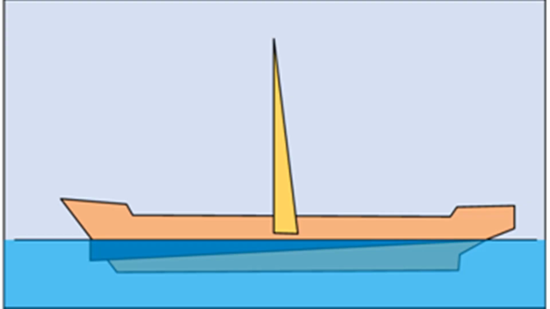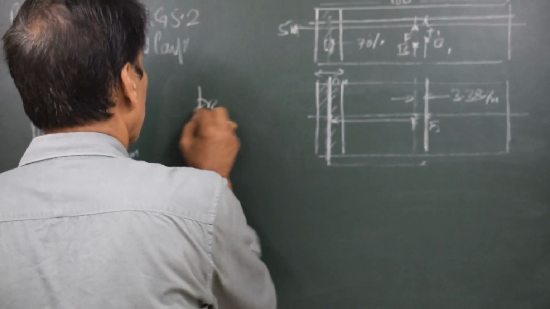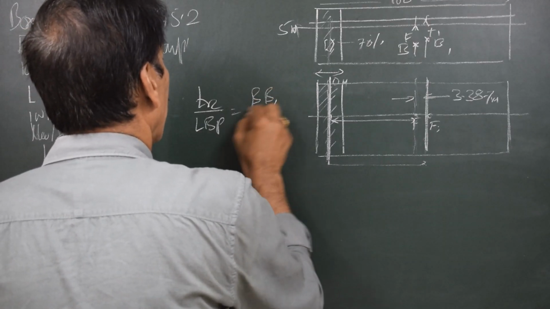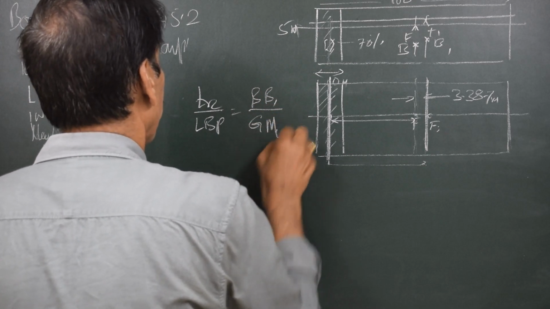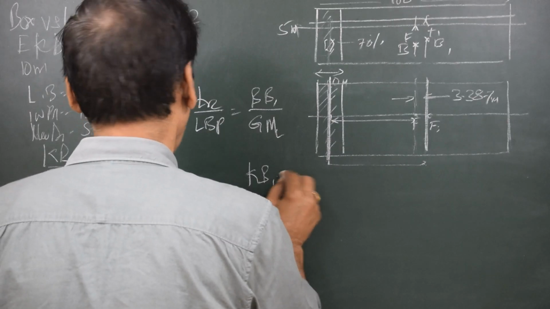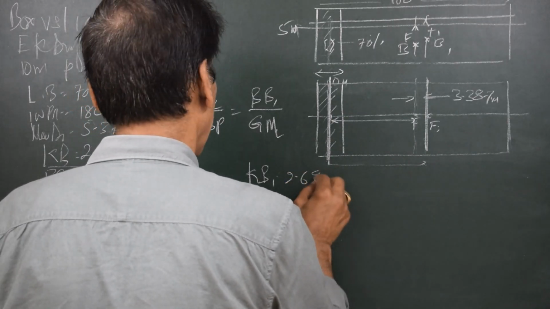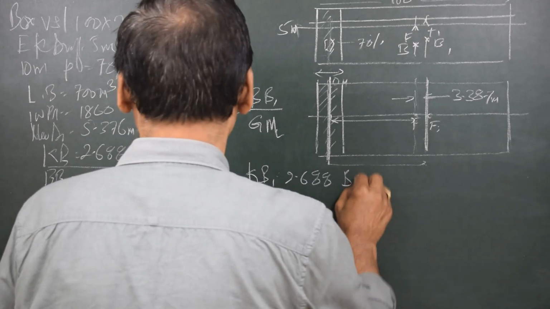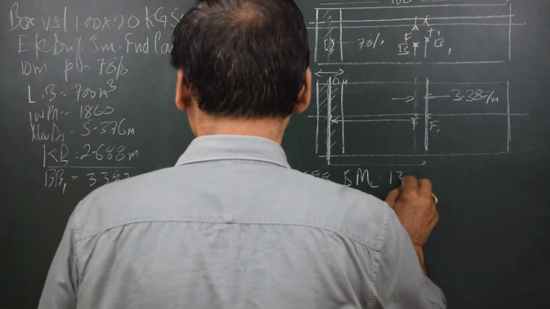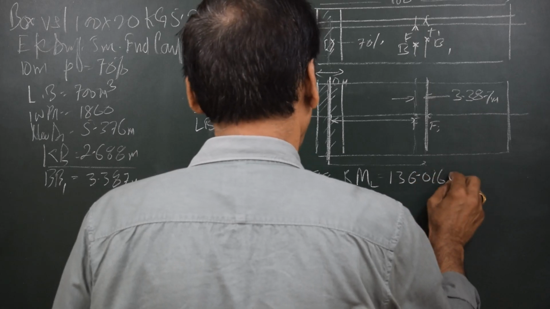Now, as I said before, the trim change upon LBP is equal to BB1 upon GML. Now we have found KB1 as 2.688 and BML as 136.016 meters.